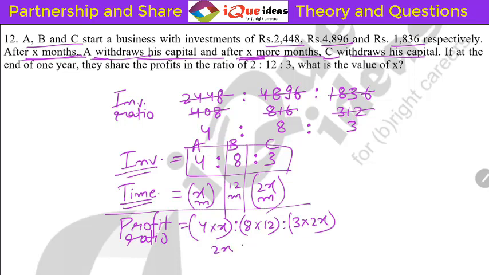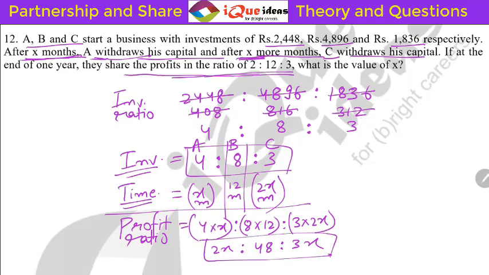So it will be 2X is to 48 is to 3X. This is the ratio of profit. Now, they share the profit in the ratio 2 is to 12 is to 3. So 2X is to 48 is to 3X is equal to 2 is to 12 is to 3. All right. So what you can do is you can take any one of them.